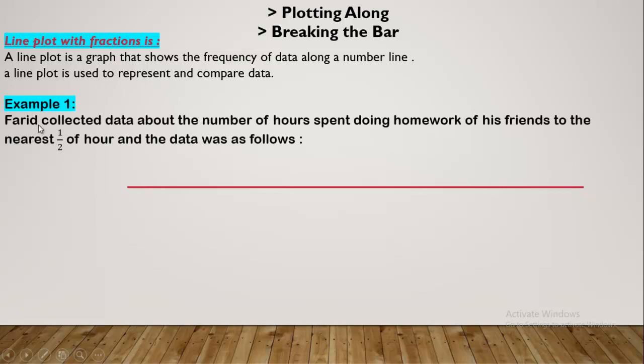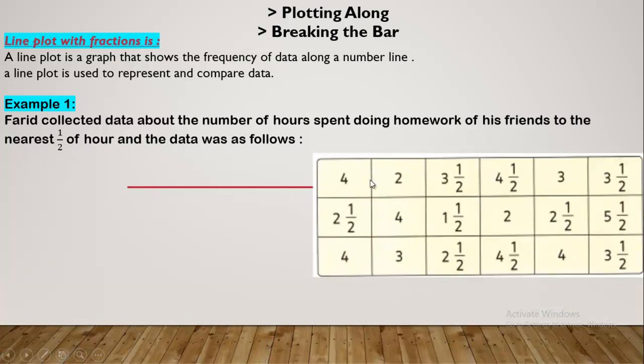Example number one, let's take an example for a line plot. Farid collected data about the number of hours his friends spent doing homework, to the nearest half hour, and the data was as follows: 4, 2, 3.5, 4.5, 3, 3.5, 2.5, 4, 1.5, 2, 2.5, 5.5, 4, 3, and so on.